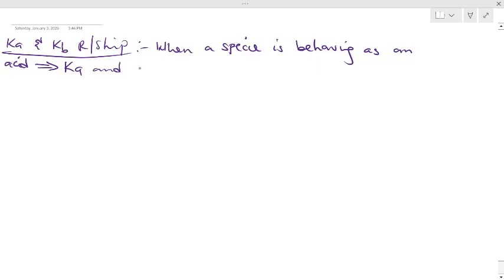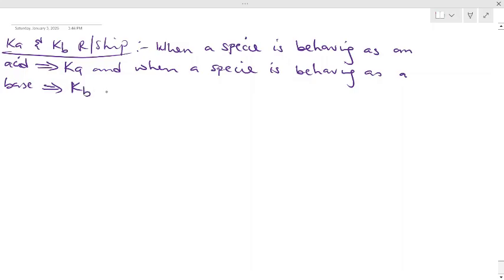And when a species is behaving as a base, it implies Kb, your base constant.